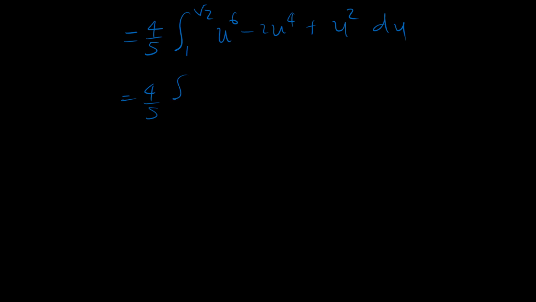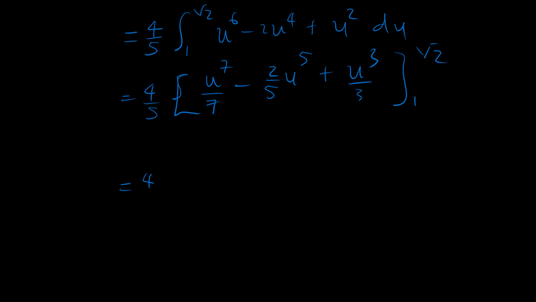This is equal to 4 over 5 integral from 1 to root 2 of u to the power 6 minus 2u to the power 4 plus u squared du, which is 4 over 5 of u to the power 7 over 7 minus 2 over 5 u to the power 5 plus u to the power 3 over 3, from 1 to root 2.